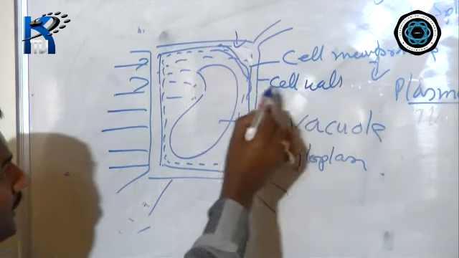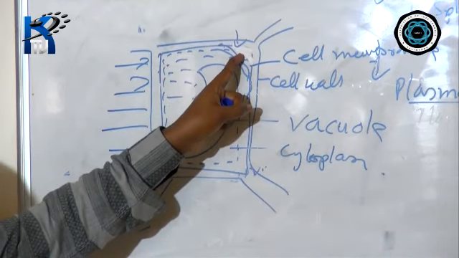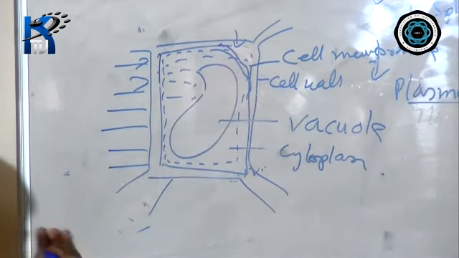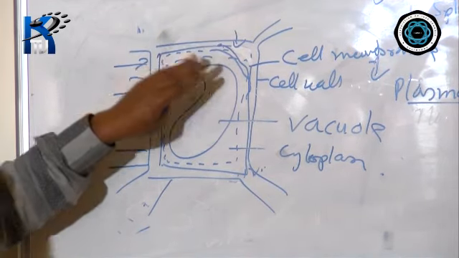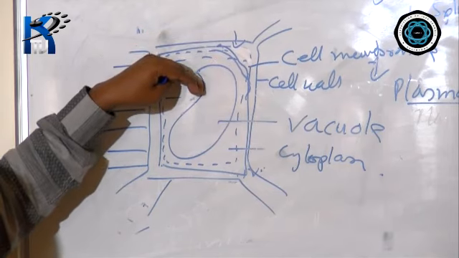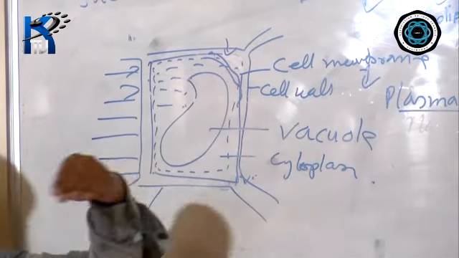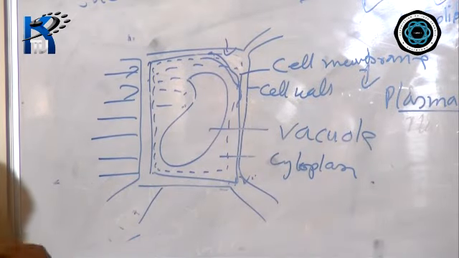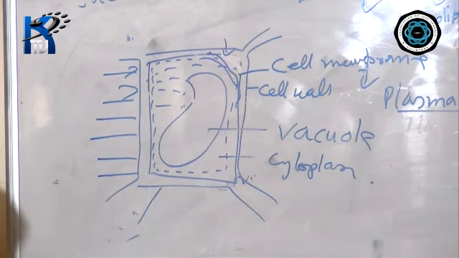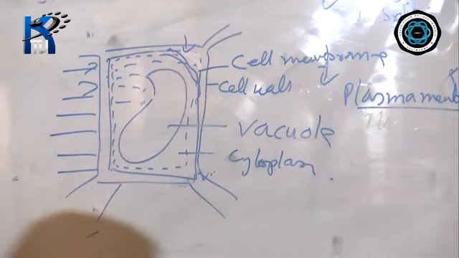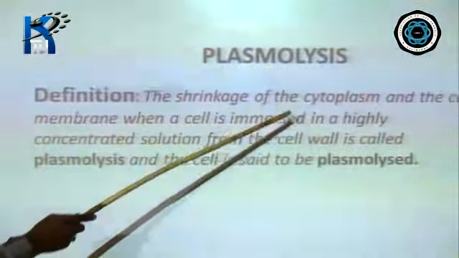First of all, the cytoplasm will shrink, pulling up the cell membrane, and due to that the cell membrane gets fully moved away from the cell wall. This phenomenon you call plasmolysis. Again I repeat, you see the shrinkage of the cytoplasm.